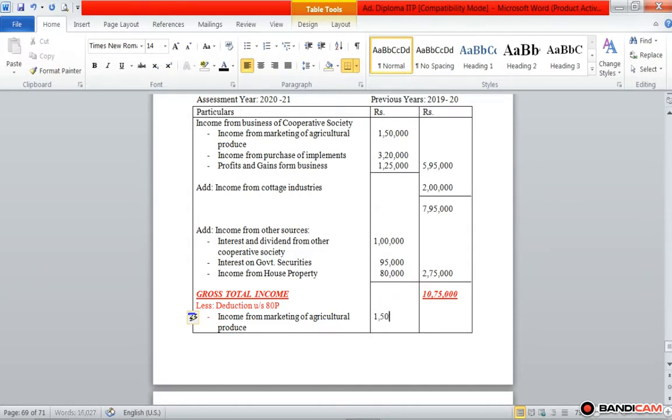So here the whole amount, it means 1,50,000, is allowed for deduction under section 80P.